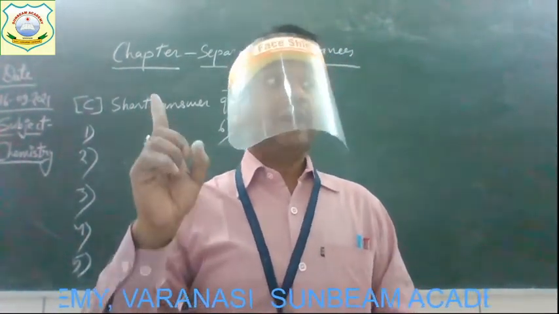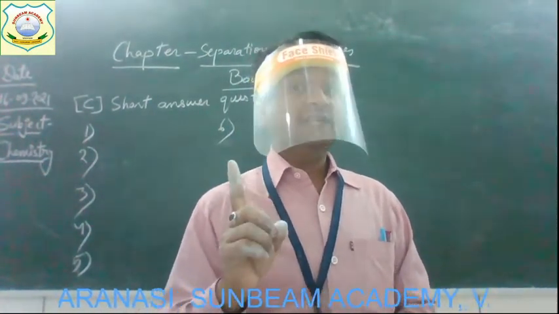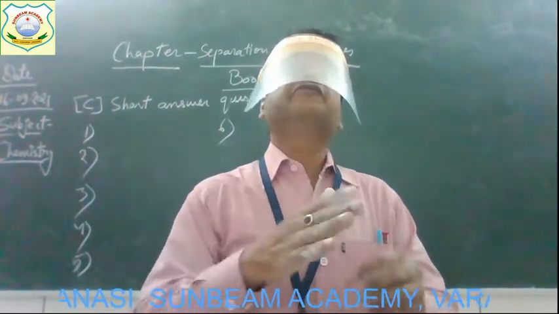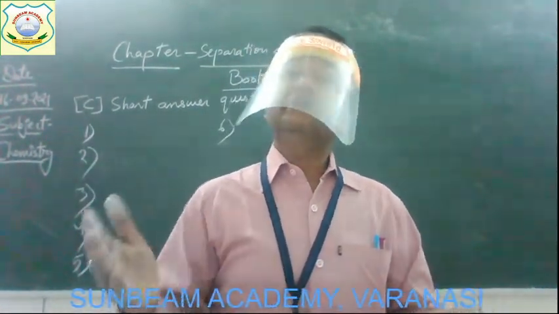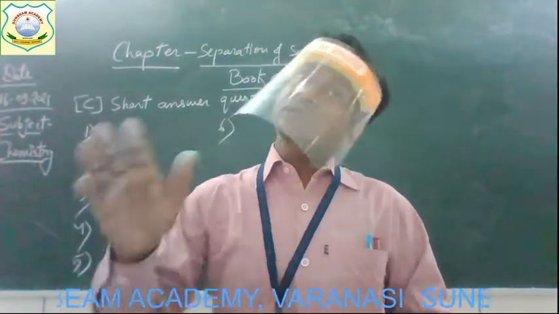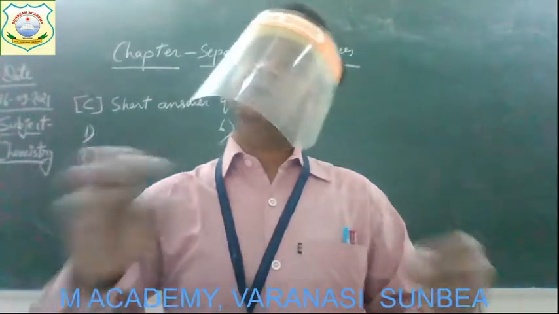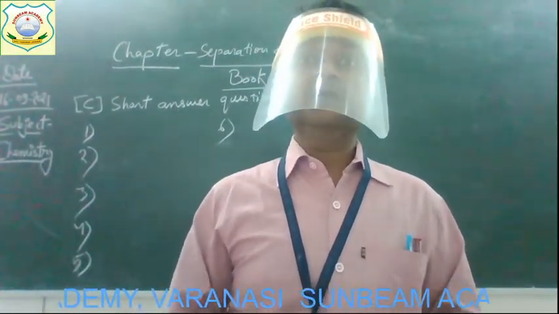When the particles of the substance have different color or different shape or different size, then we can use hand picking. If both components in the mixture have the same color, same size, same shape, what will happen?